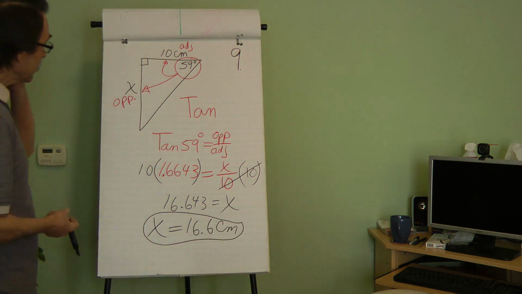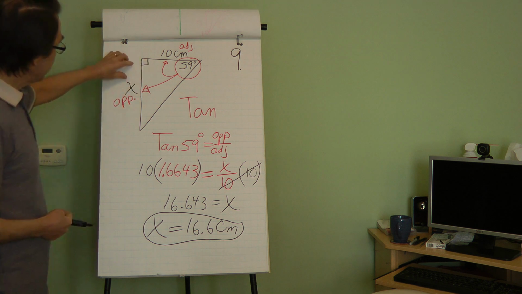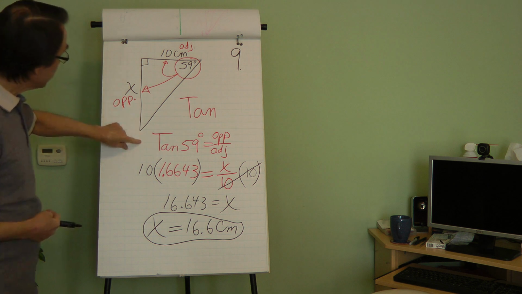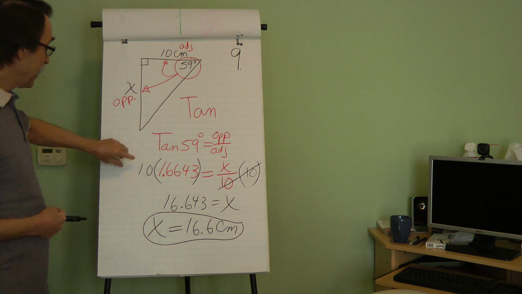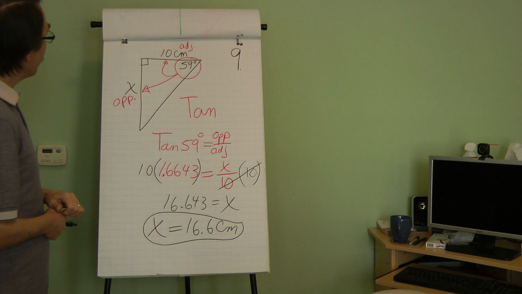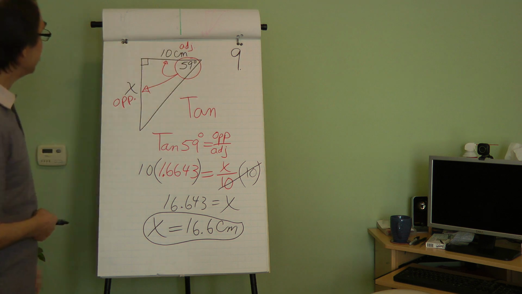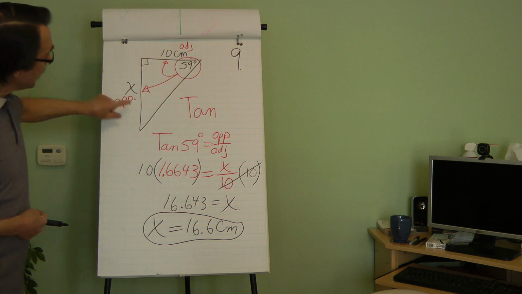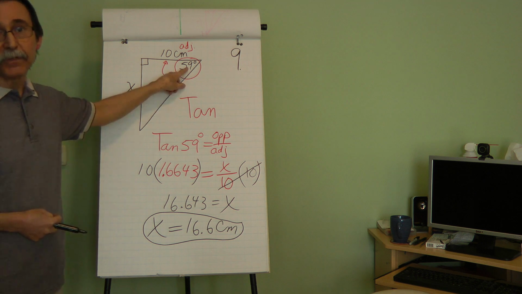Now, if you wanted to take a piece of paper and draw 16.6 centimeters down this way along maybe your paper margin, and then draw exactly 10 centimeters that way along one of the blue lines, and then attach the ends, you can check that that's going to be about a 59-degree angle.